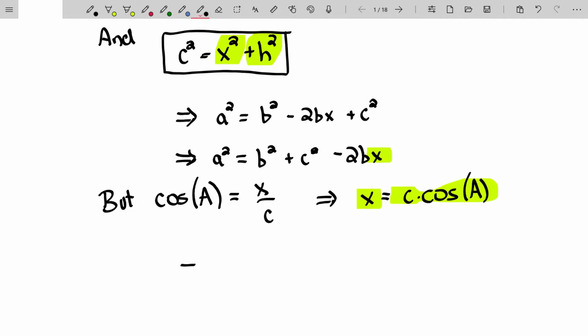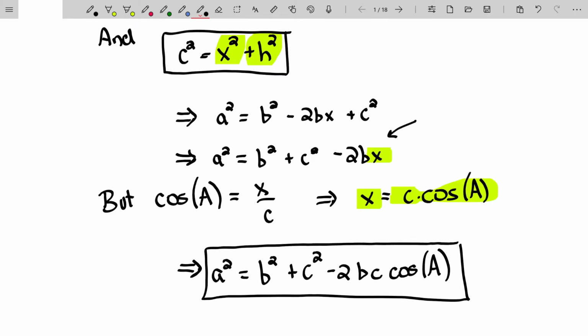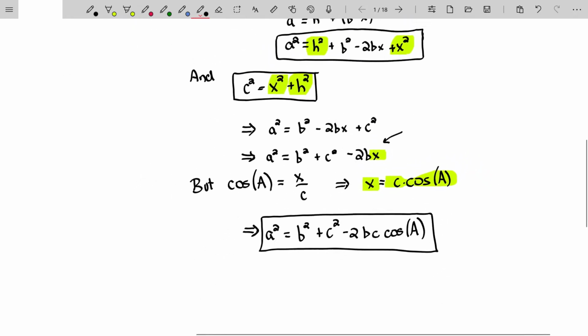This implies that A squared is equal to B squared plus C squared, very much like the Pythagorean theorem, but we have this minus 2 times B times X, but X is C cosine of A. That is actually the proof of the law of cosines.